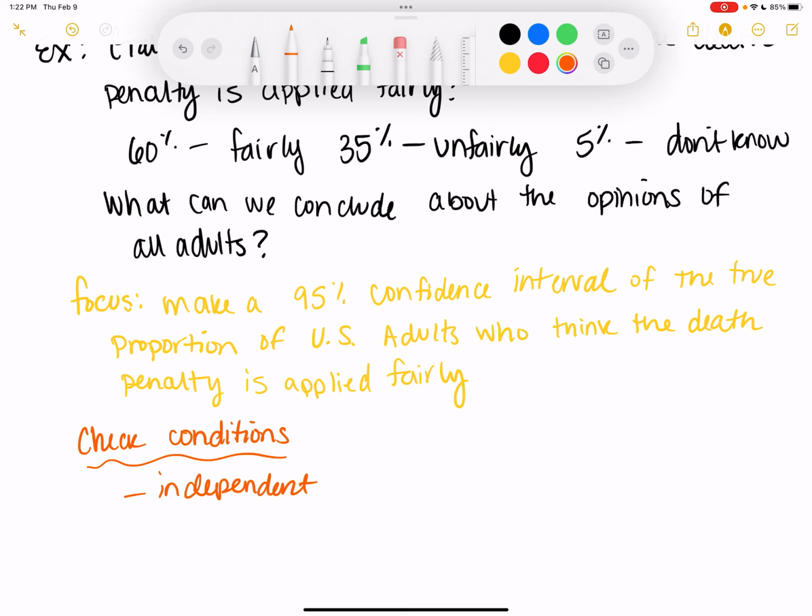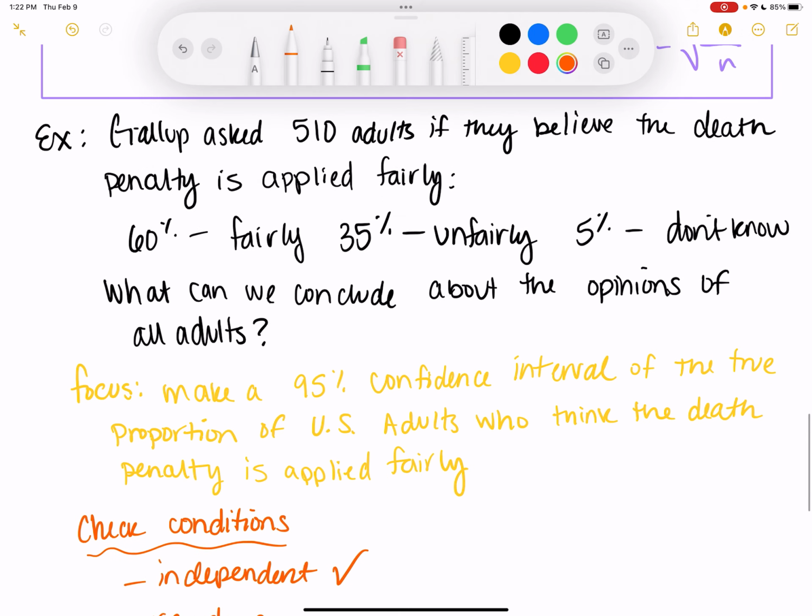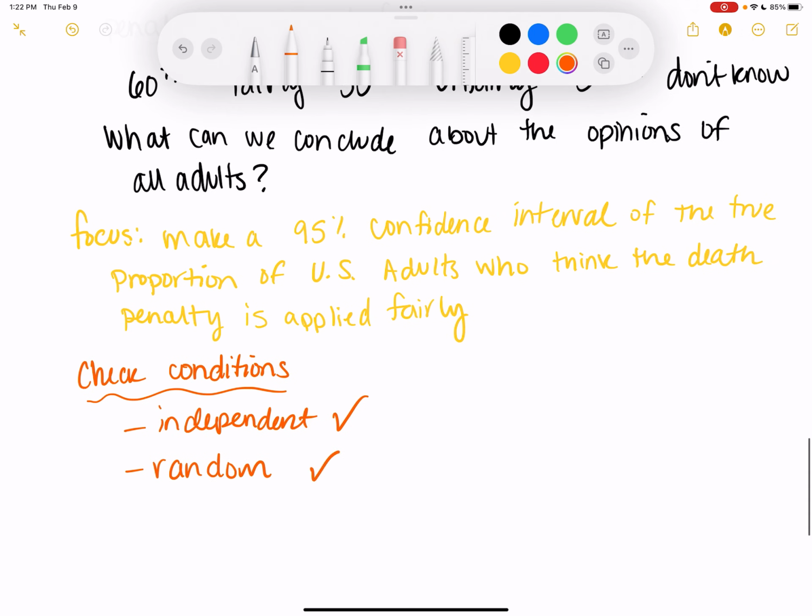Is your opinion going to affect my opinion? No. Okay, so independent. Is it random? Yes. And the 10% condition: are 510 adults less than 10% of the entire adult population? Yes.